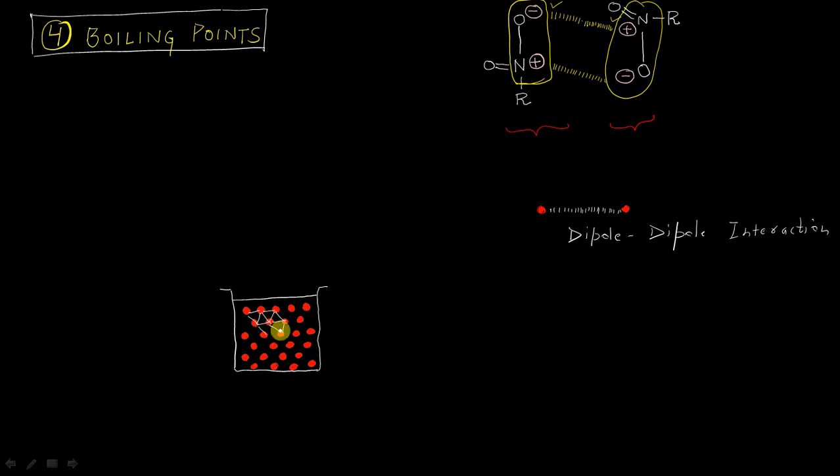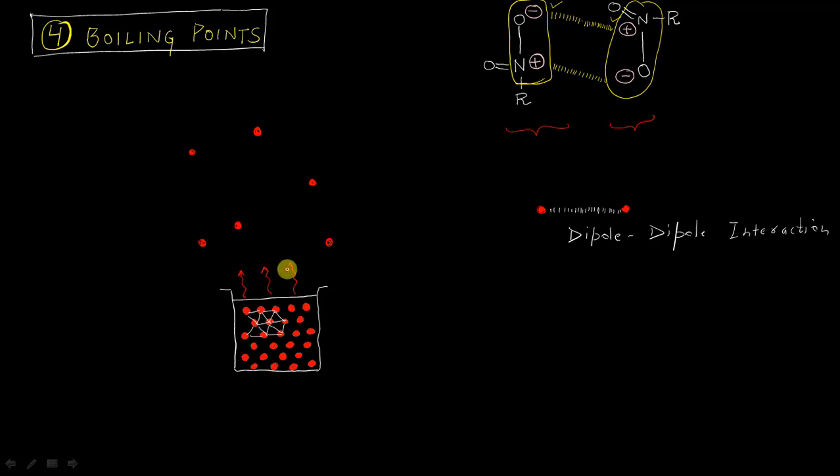Now what if I want to separate these molecules far apart from each other such that I have this type of scenario? The first molecule here, and here is the second one, here is the third one, such that they are far apart from each other and they are just escaping from this beaker like this.